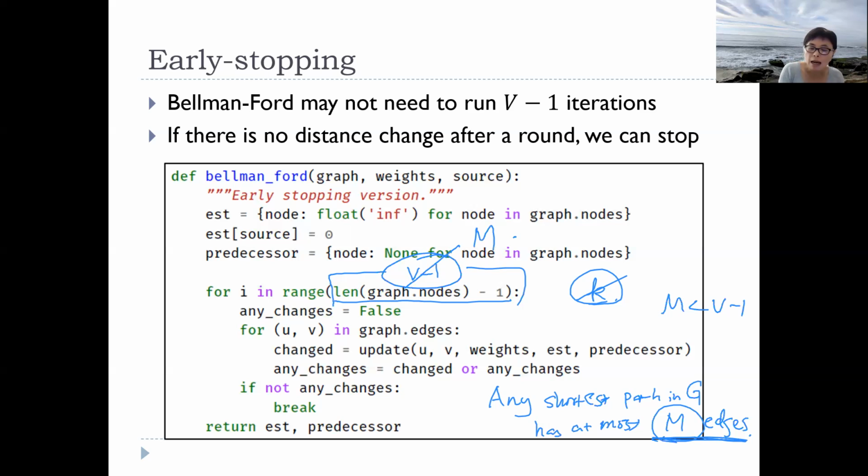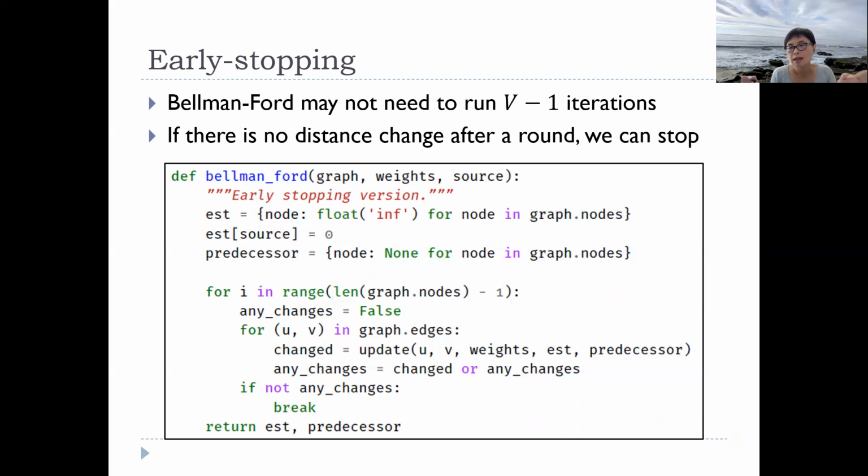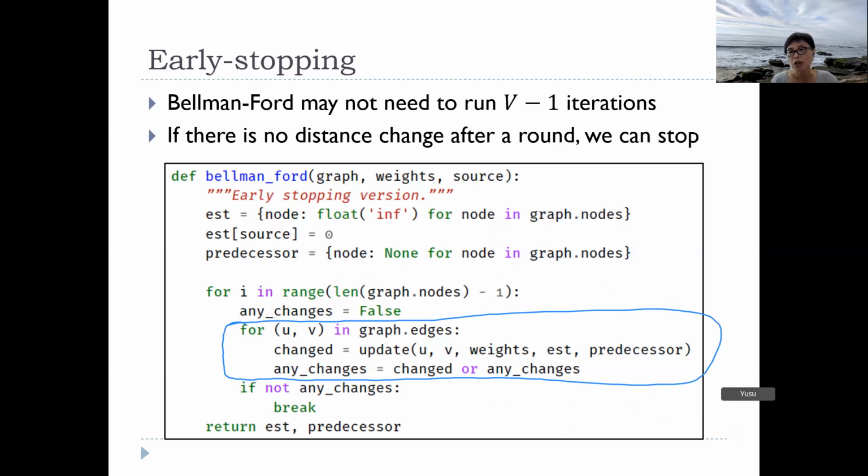But there's another way that helps you detect that, even if you don't know what m is. After every round, where a round means performing the update-all-edges operation, you can ask yourself: in this round, did any edge discover a new path for me? If nobody did, that means even if you keep updating again, no one is going to change.